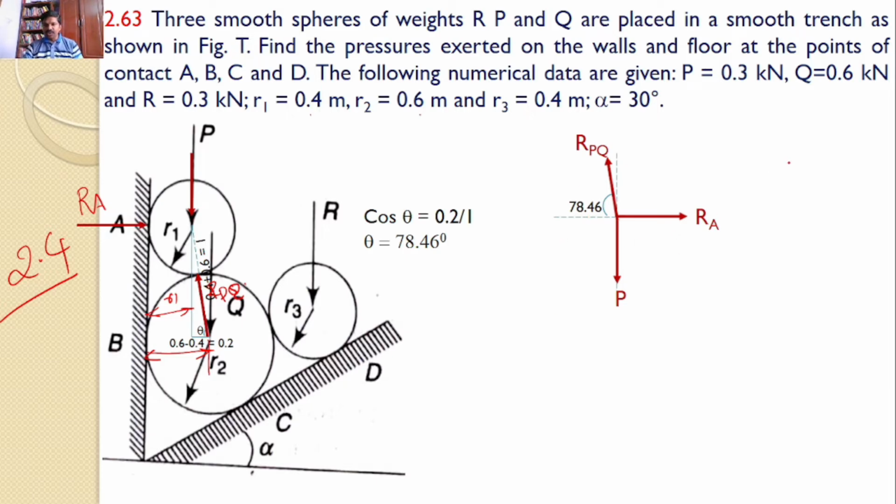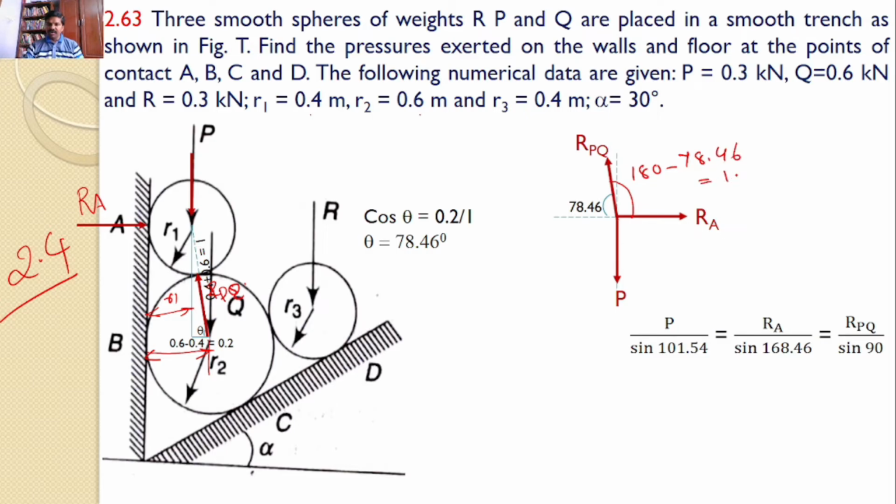Now there are three forces. I can use the sine rule. According to the sine rule, P divided by the sine of the angle between the other two forces Ra and Rpq. This angle is equal to 101.54 because 180 minus 78.46 gives the value of 101.54.